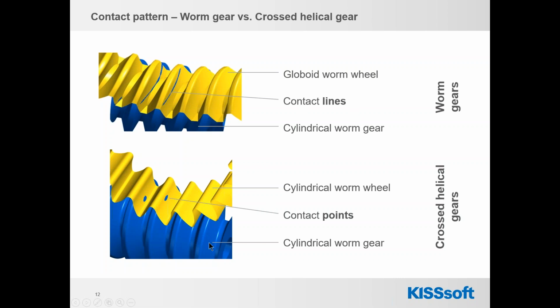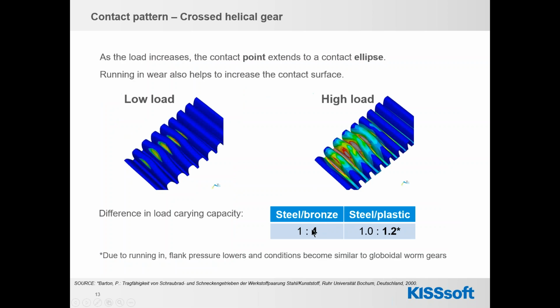For the crossed helical gears, we have the same cylindrical worm gear, and the yellow one is cylindrical worm wheel, which is basically a helical cylindrical gear. And in this case, contact is only points or ellipses. It means that if we have a bronze-steel combination, the load carrying capacity is 4:1 in favor of traditional worm configuration.